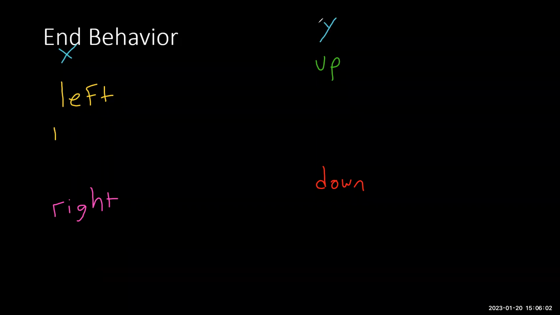So we read this as LIM, which just stands for limit. We were too lazy to write out the whole word, so we just put the first three letters. Limit as X, and then that arrow is the word approaches. Approaches is too hard for us to spell. We don't know if it has one P, two P's, or three P's, so we use an arrow for the word approaches, and it goes to the left, so that's negative infinity.